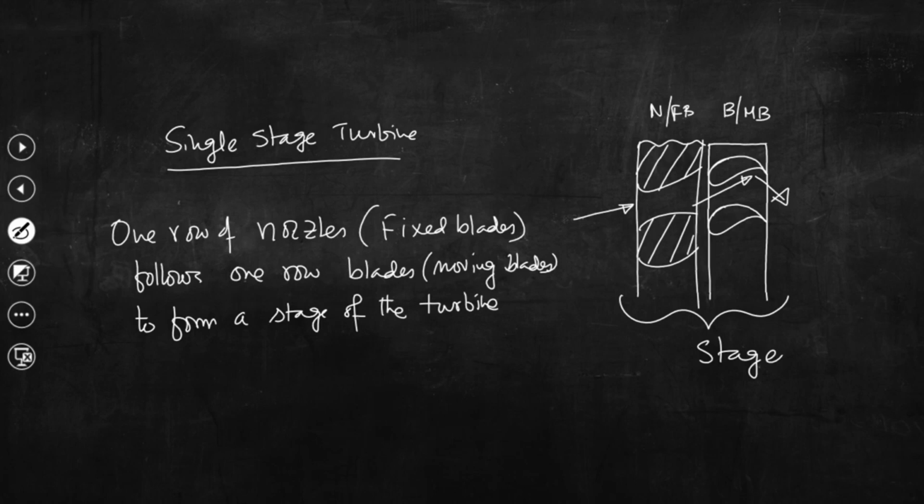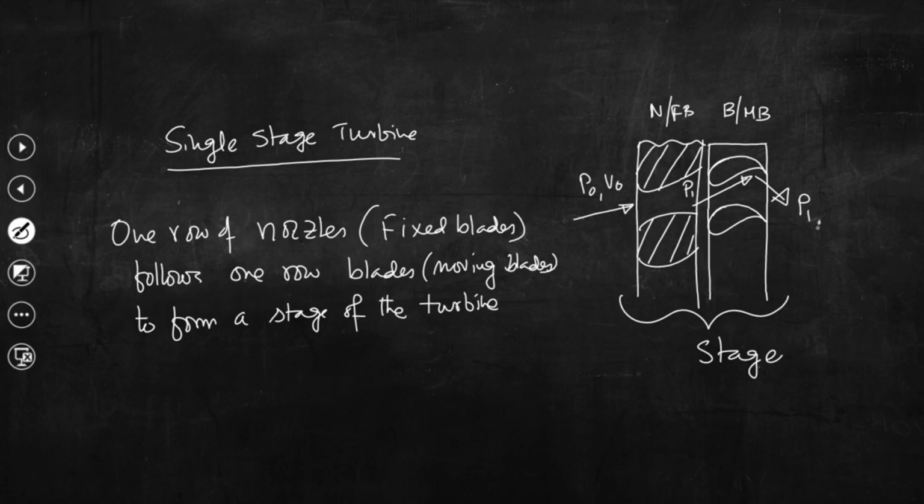So, basically the steam which is coming out from the boiler is now entering the first row of fixed blades. So, this is P0 and V0, and this is P1. We can understand that at the exit of the nozzle the pressure is P1, and theoretically there is no pressure drop when steam is passing through the passage between two consecutive blades in the first row of moving blades.